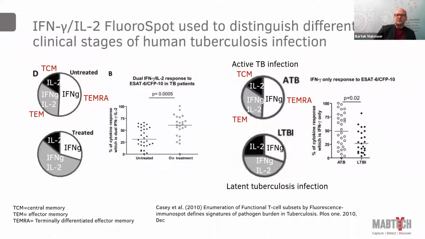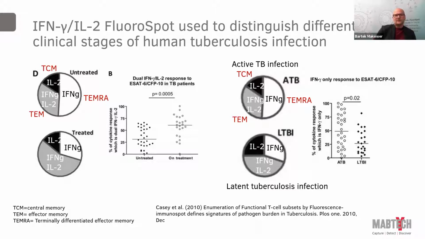Now jumping into tuberculosis for a while, just to show you the relevance of measuring several cytokines. In tuberculosis, interferon gamma ELISpot has been used for a long time for in vitro diagnostics to distinguish vaccinated individuals from infected individuals.